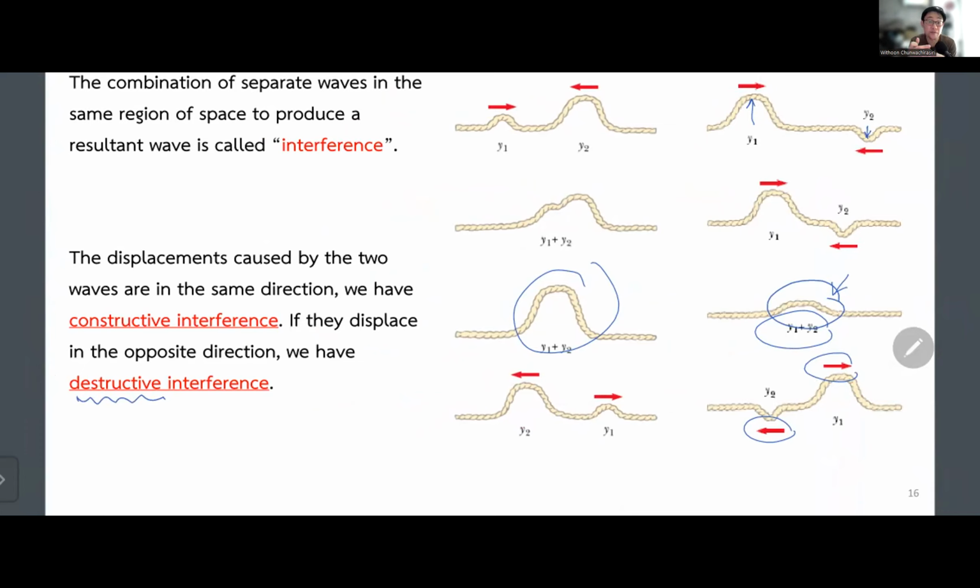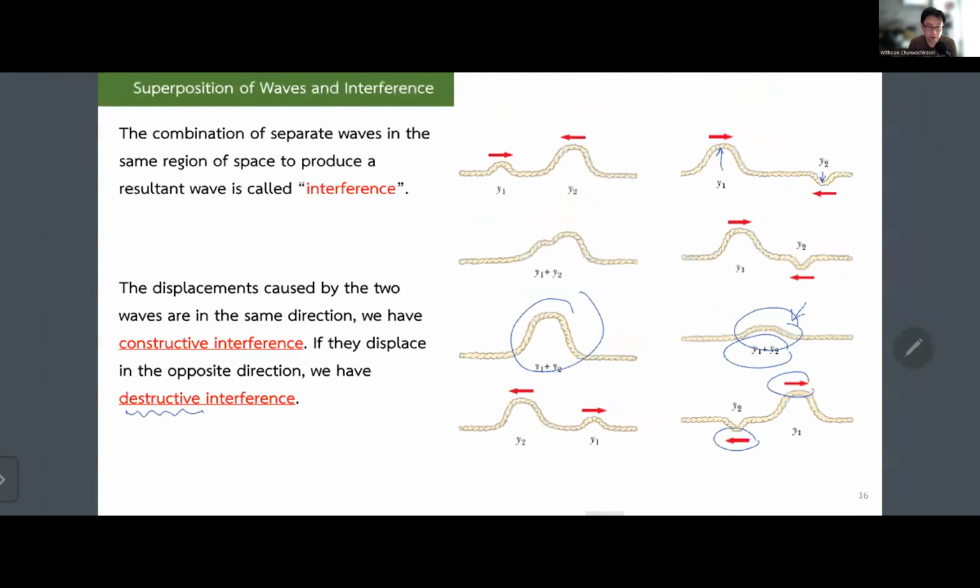They are interfering with each other. You can classify the way they interfere into two main categories: either constructive or destructive. The constructive one is you gain a bigger displacement after the summation. The destructive one is you get a smaller one. Cool? That's as simple as this. Nothing more, nothing less.